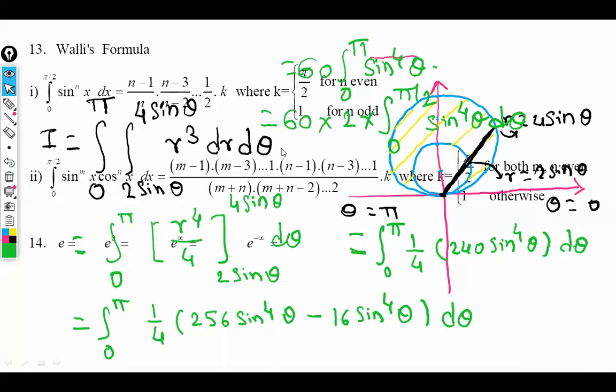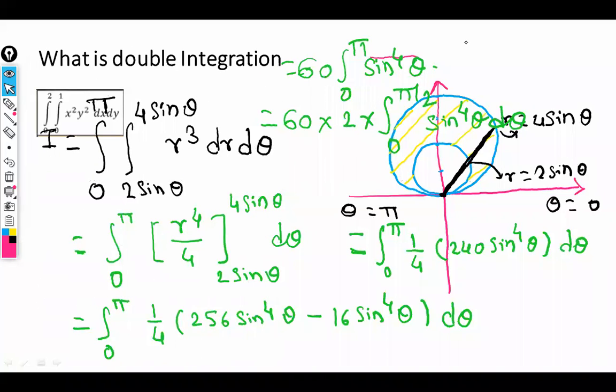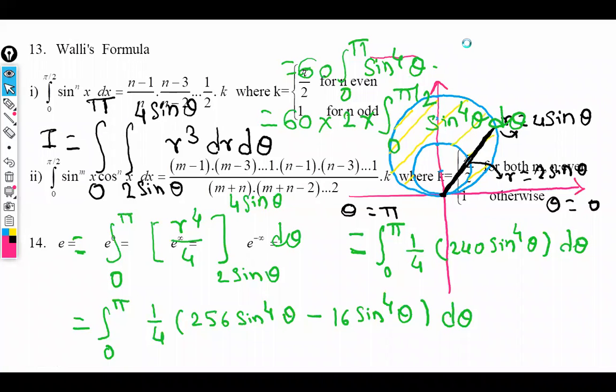Here is that integral. Now I will write this formula here. So here, this 16 to 2 as it is.